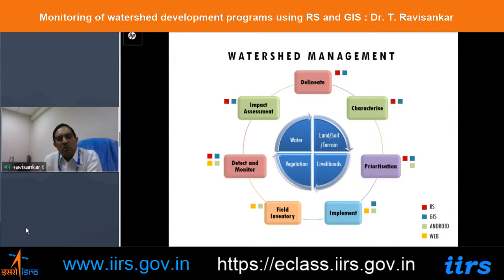Field inventory has to be done, what action items have been implemented, detect and monitor them, and impact assessment. And in all these things, we have both remote sensing GIS components and mobile app applications. I will be showing some examples of the projects that we have done.